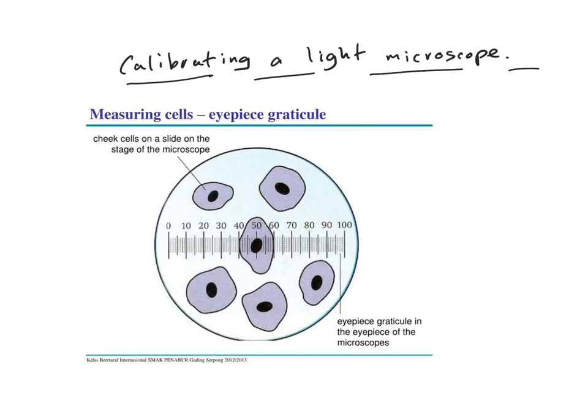If we use this as an example, let's say these are cheek cells that we are seeing on the microscope with that same eyepiece graticule that we just calibrated. To make sure you're using this correctly, you have to use the same objective lens. If the objective lens changes, you need to recalibrate it. So we worked out that one division was 10.6 micrometers.